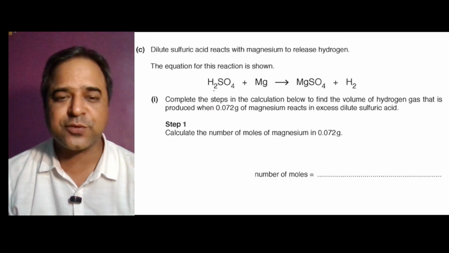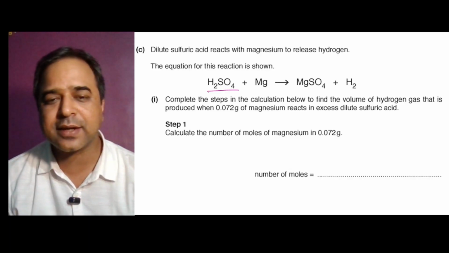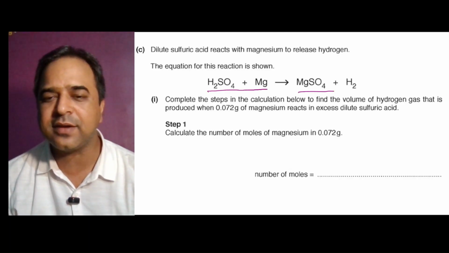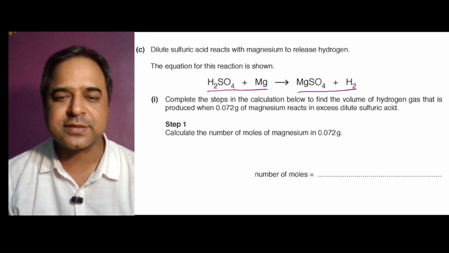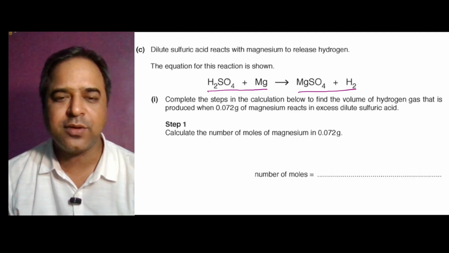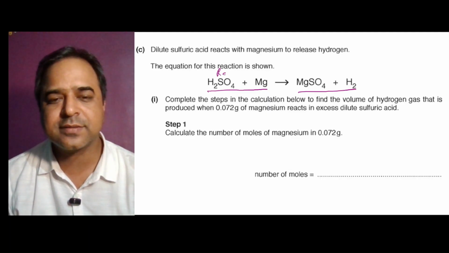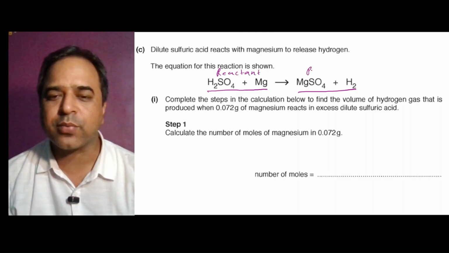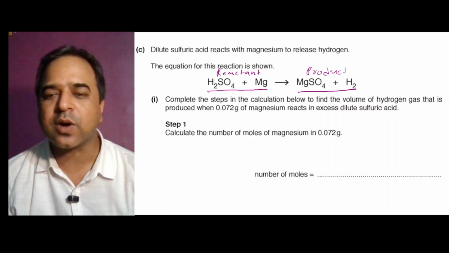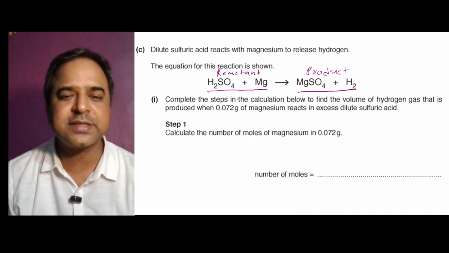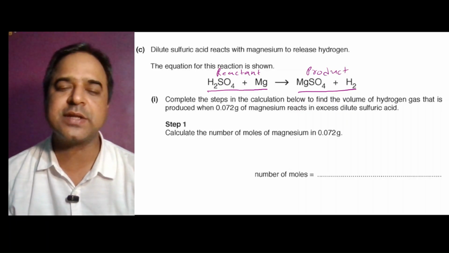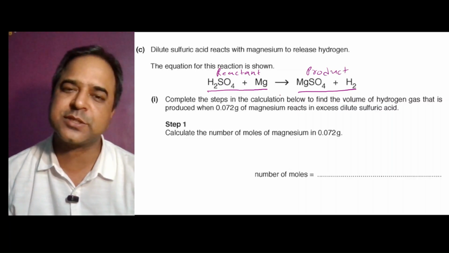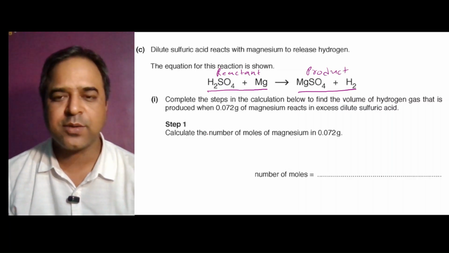But in this case, if you see the left hand side of this arrow, this is the reactant, and this is the product. According to the law of conservation of mass, the number of atoms, or you can say the mass of all the reactants, must be equal to the mass of the products.